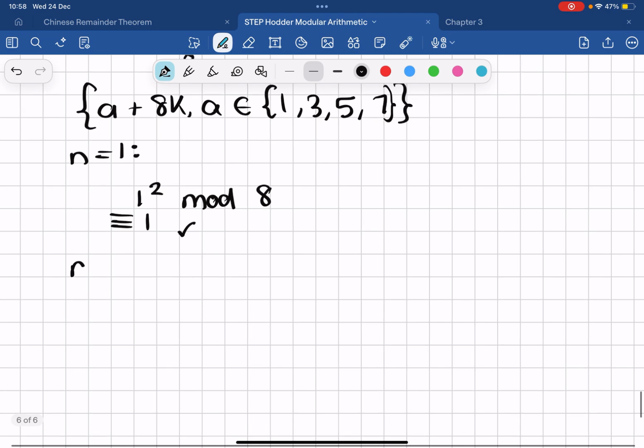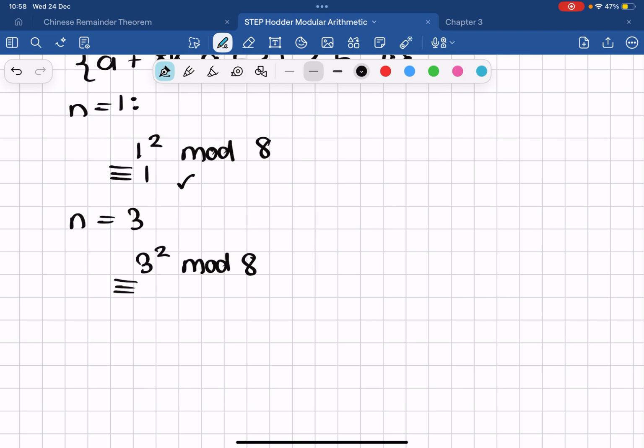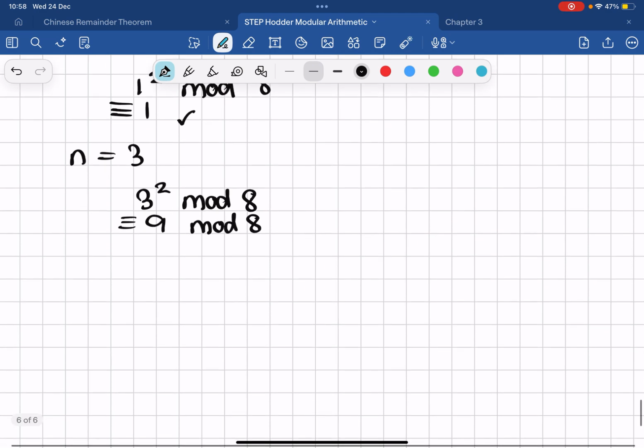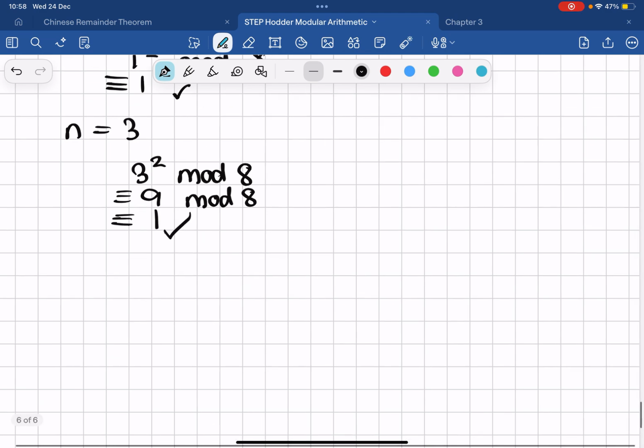Now when n equals 3, we've got 3 squared mod 8, which is equivalent to 9 mod 8. When 8 divides 9, it leaves us with a remainder of 1. Again, we've got n squared is congruent to 1 mod 8, so this checks out.